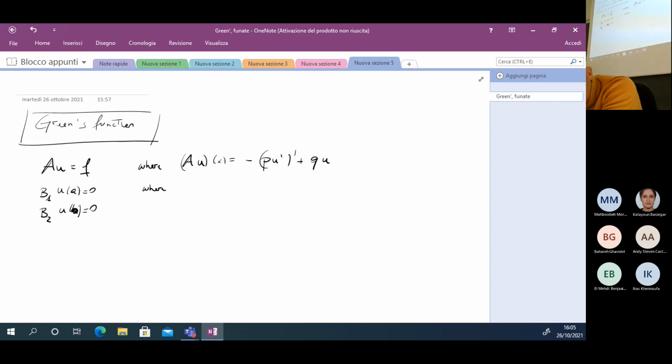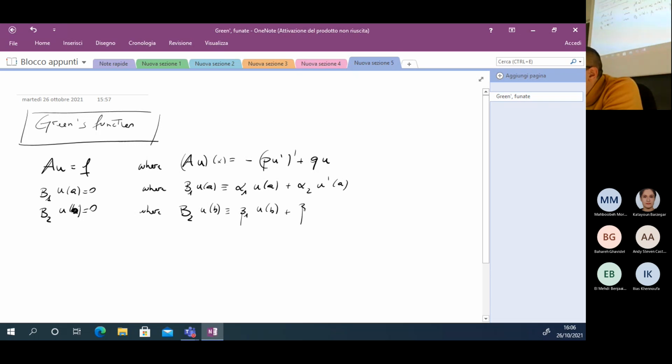So basically B1 u(a) is defined to be alpha 1 u(a) plus alpha 2 u'(a), and B2 u(b) is defined as beta 1 u(b) plus beta 2 u'(b). So this is a condensed way to rewrite the boundary conditions, what we called yesterday generalized boundary conditions.